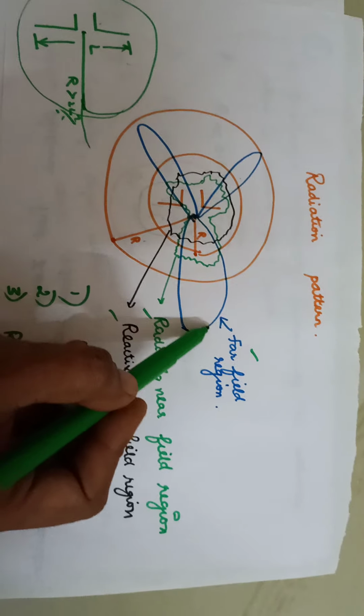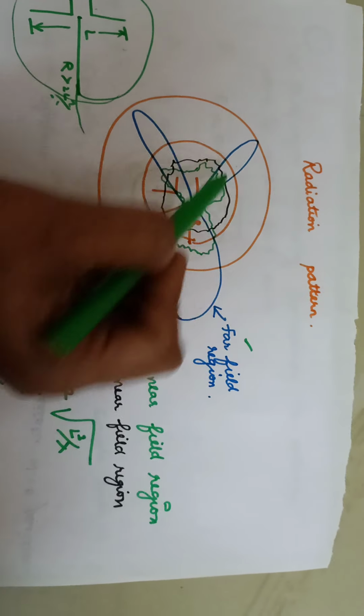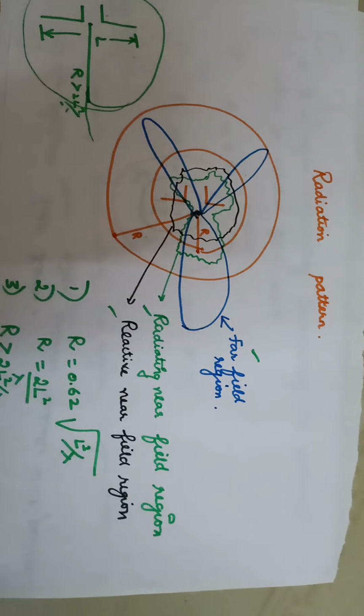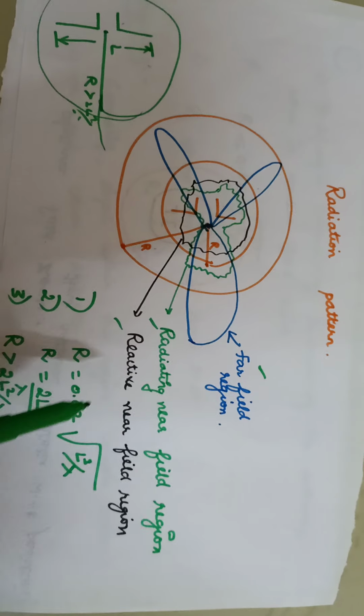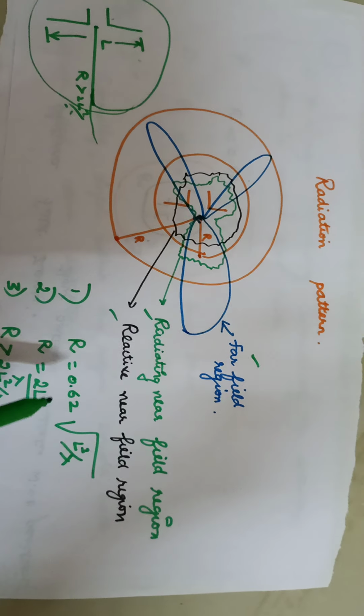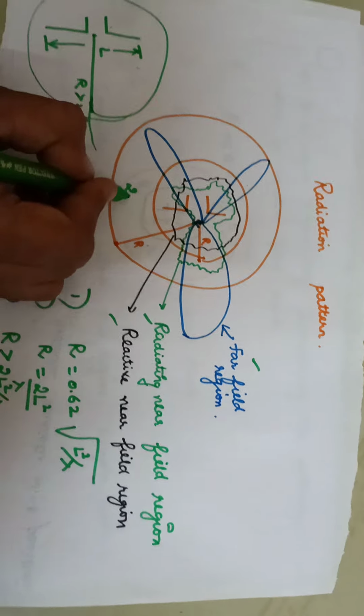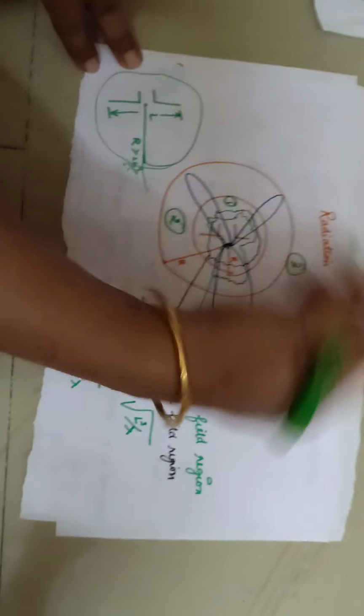So for the far field only, the radiation pattern is easily understood. Now see what the radiation pattern looks like for the radiating near field, the second region. This is the second region, this is the first region, and the third region is beyond this.